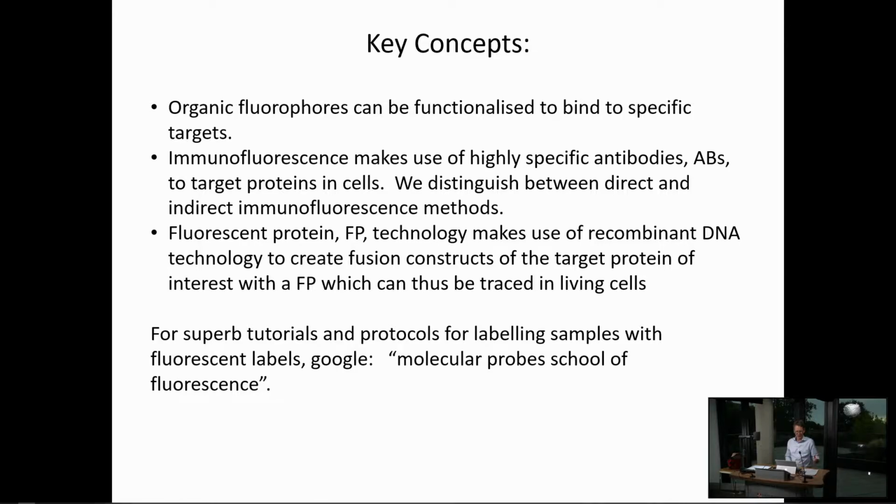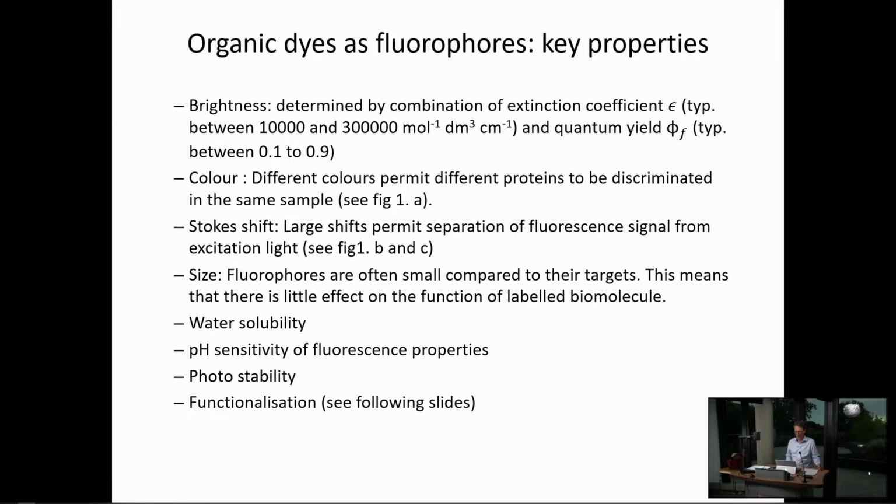And then finally, I just alluded to this, the fluorescent protein technology, which makes use of so-called recombinant DNA to create a fusion construct between the protein that you're interested in and another protein that actually is the fluorescent reporter. And this is a great advance because it now allows us to look at living processes with high specificity. So I referred to this website already down here, Molecular Probes School of Fluorescence, if you want further details.